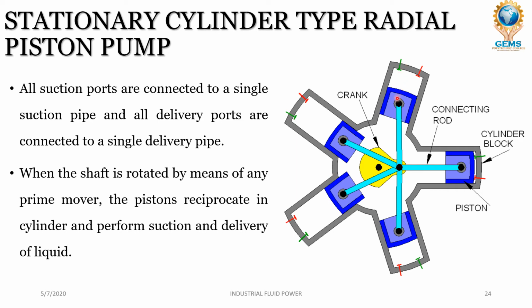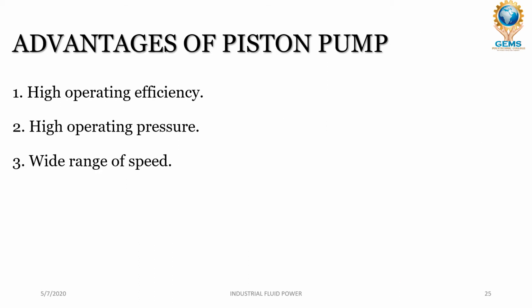First this suction will happen, next this suction starts, then the next, and the next, and the next. At the same time the discharge happens: first flow, second, third, fourth, fifth. So at a time all suction will happen and at the same time all delivery discharge will also happen. The advantages of the piston pump are high operating efficiency, high operating pressure, and a wide range of speed.